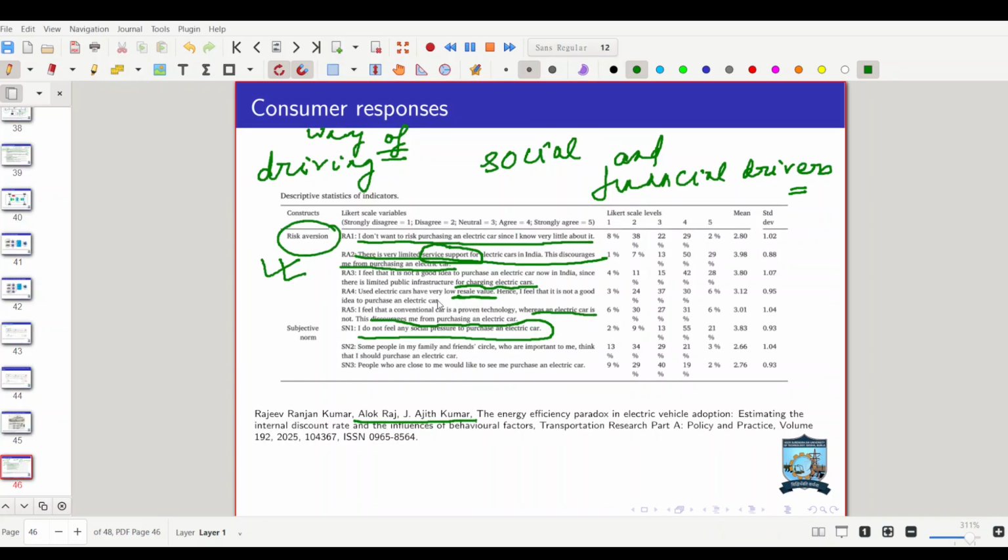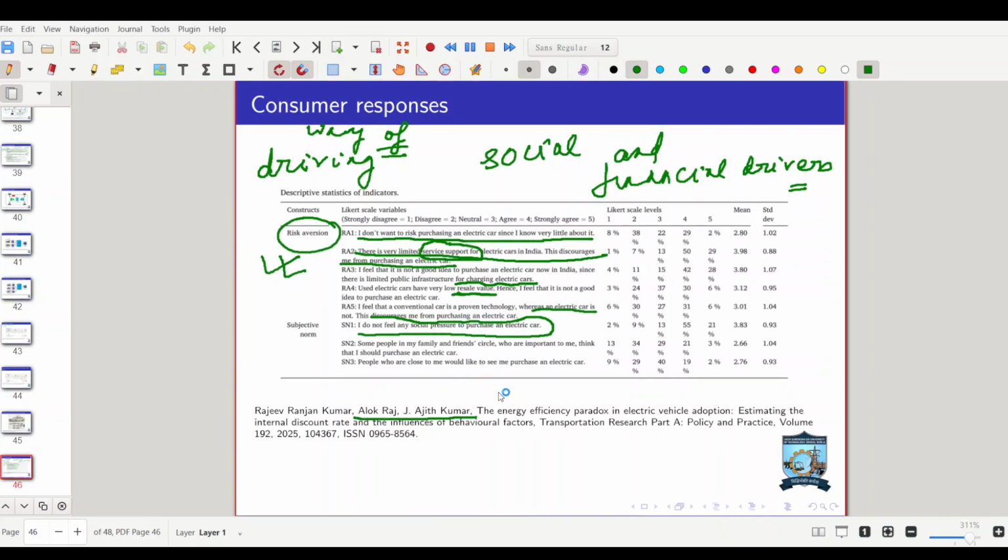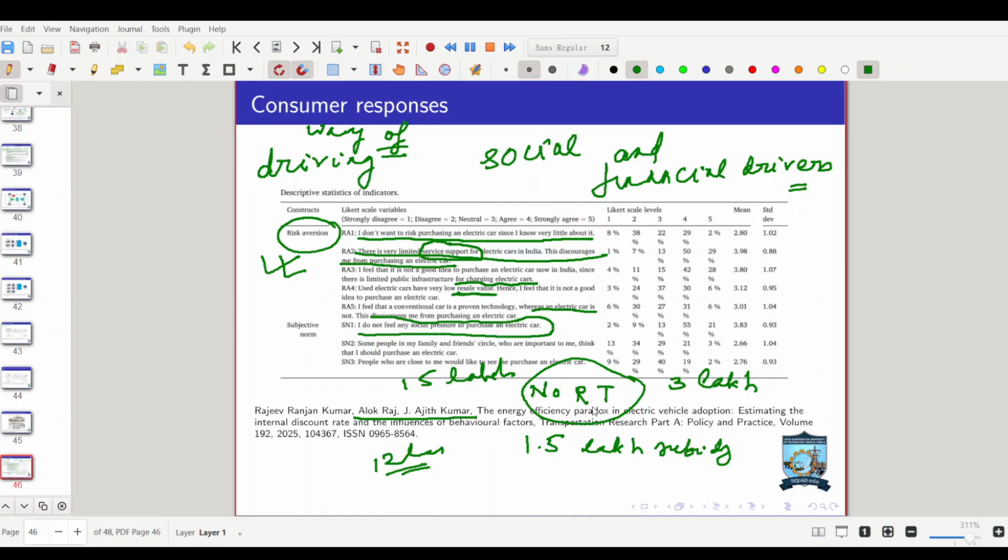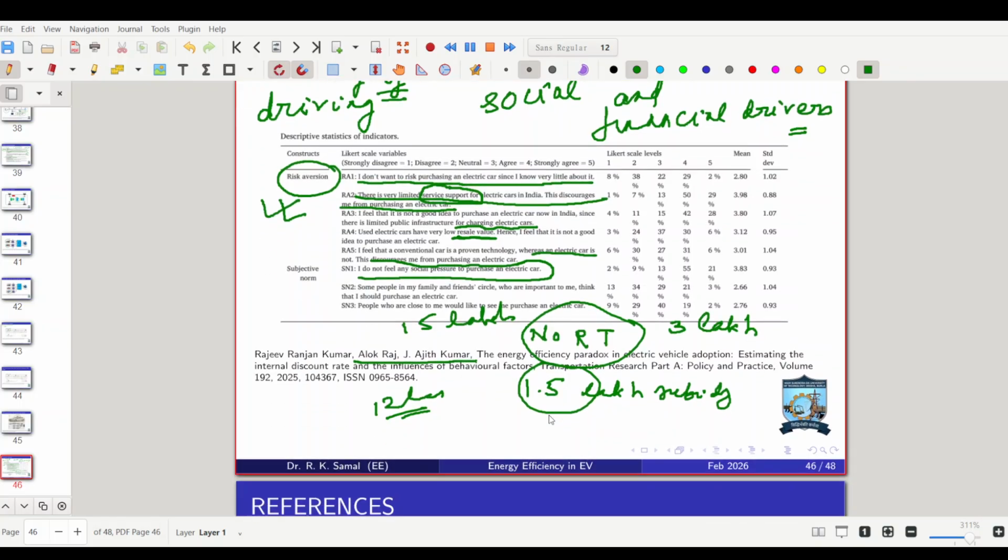For example, in our state there is no road tax, and there is a 1.5 lakh subsidy for purchasing electric vehicles, so the eventual benefit is about 3 lakhs per car. If you purchase a 15 lakh car, you actually end up paying 12 lakhs, because you get 3 lakhs in return as no RT, no GST, subsidy and so on. But still the penetration is low.